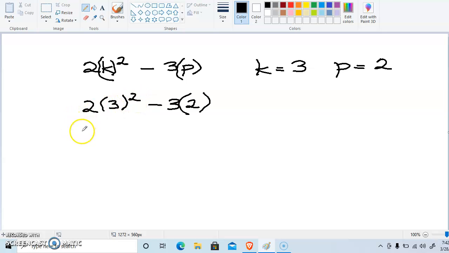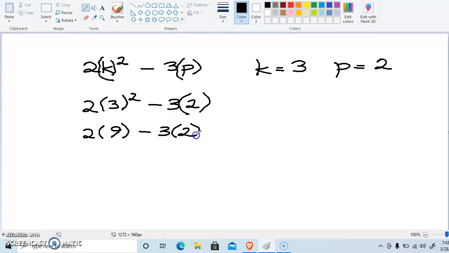So I'm going to write this 2 here because I'm not doing anything with it. It's going to be multiplied by our value 3 squared, but we have to do 3 squared first. So 3 squared is 3 times 3. 3 used as a factor 2 times, and that's the number 9. So now we're going to replace 3 squared with 9. And then we still have 3 times 2 over here.